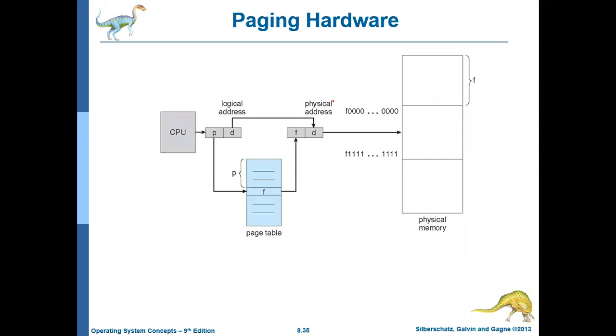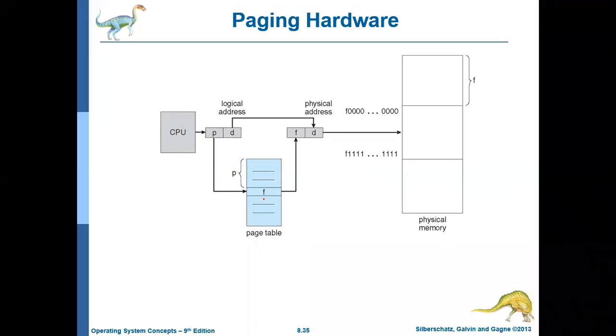Now this is the complete paging diagram. How you are managing, you are transferring your page to a particular frame. This diagram will elaborate everything to you. This is your CPU. This is your physical memory, RAM. This is the page table.